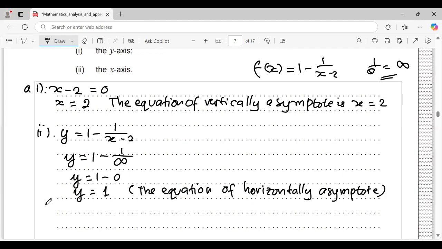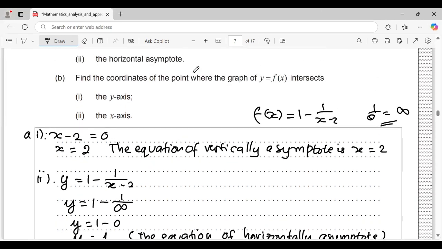Next, part B. What is the question? Part B. Find the coordinates of the point where the graph of y equals f(x) intersects the y-axis and the x-axis.